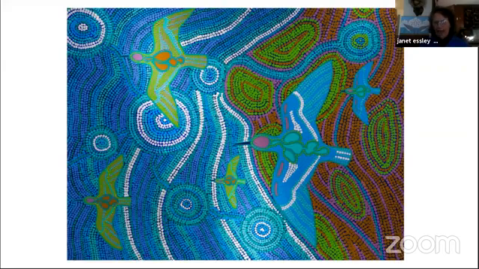When that time comes, and this Aboriginal style of dot painting reminds us that all we are really is a bunch of very widely separated vibrating atoms.